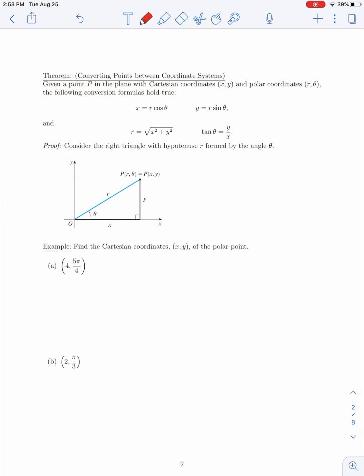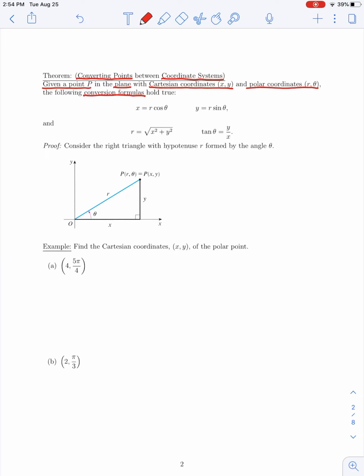So the following theorem gives us a conversion for points between those two systems. Let's say that we are given a point P in the plane whose Cartesian coordinates are x, y, and whose polar coordinates are r, theta. So we claim that the following conversion formulas will hold true.